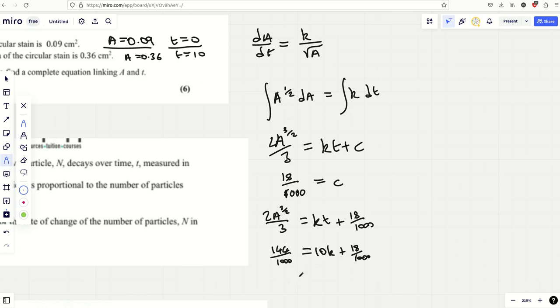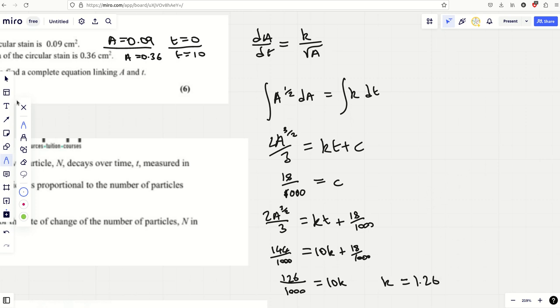Let me know if I've got this wrong. I frequently do. What is that? 126 over 1,000 is going to be equal to 10k, and so k equals 126 over 100, or 1.26.